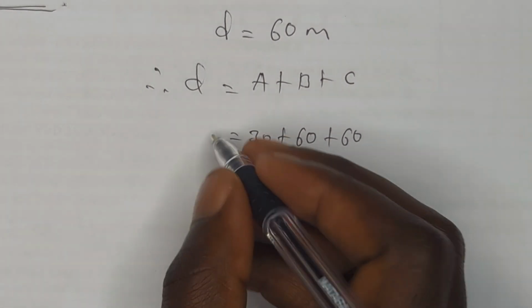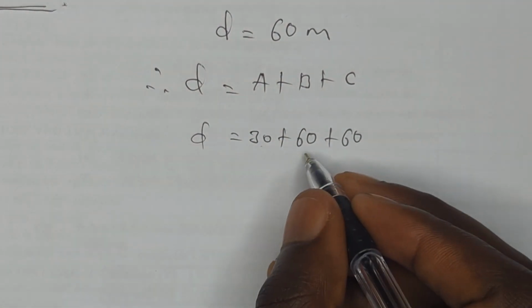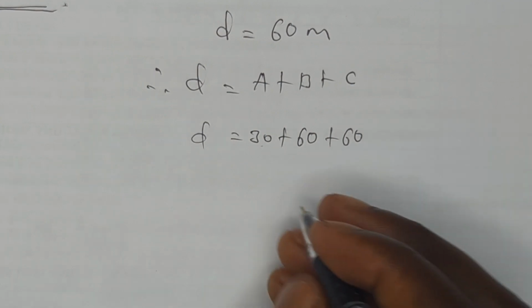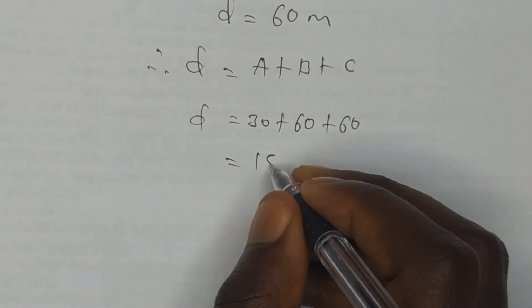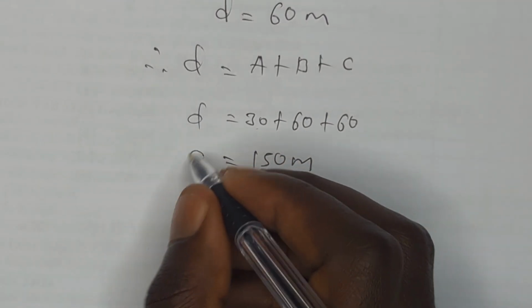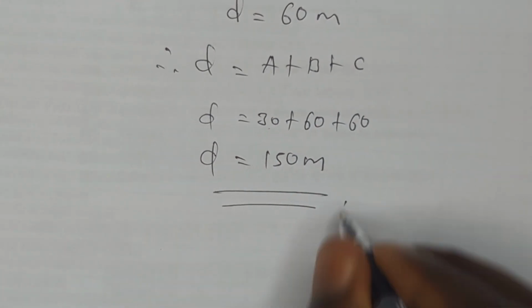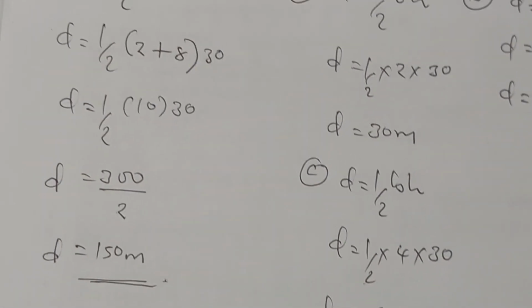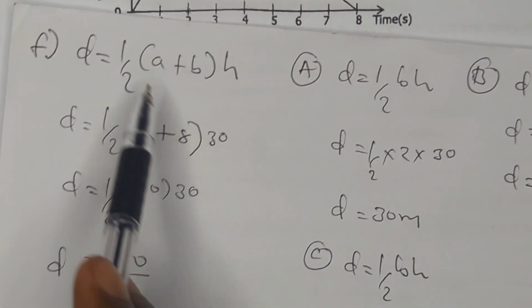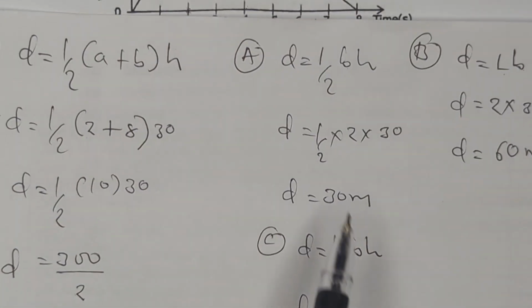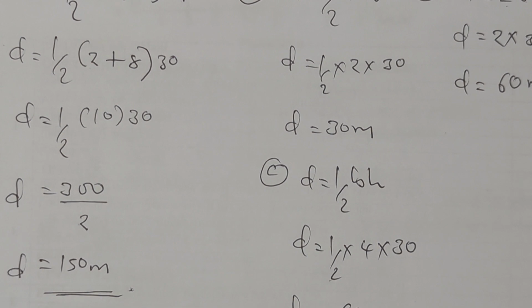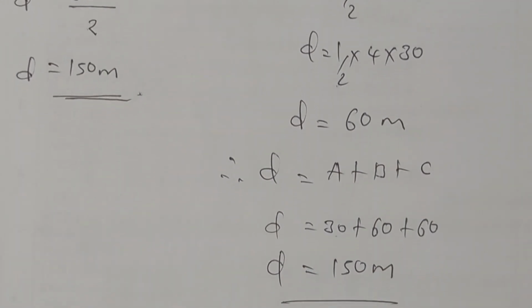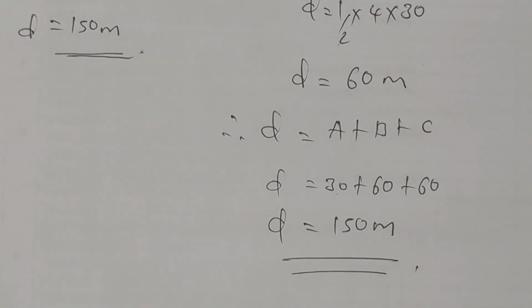So when we add these figures, 30 plus 60, this is 90. 90 plus 60, it will give us 150 meters. So it depends on the formula that you're comfortable with, or the procedure. If you want, you use this one for the trapezium, or you calculate part by part. So this is how we handle questions under time graph.